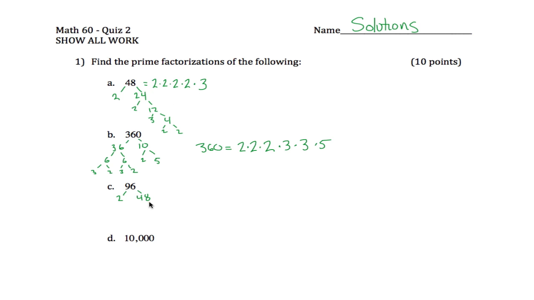So you could keep going down with this tree, or you could say, wait a minute, 48 is 2 times 2 times 2 times 2 times 3 from part A. So 96 is 2 times 2 times 2 times 2 times 2 times 3. This is kind of a shortcut. You don't have to do it this way. You could have just kept making your tree and you'd get the exact same answer.